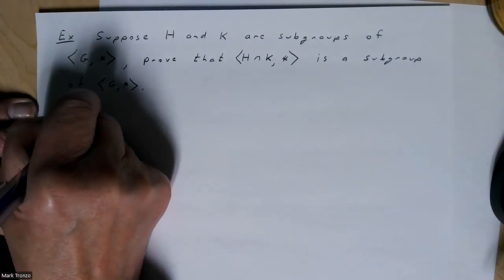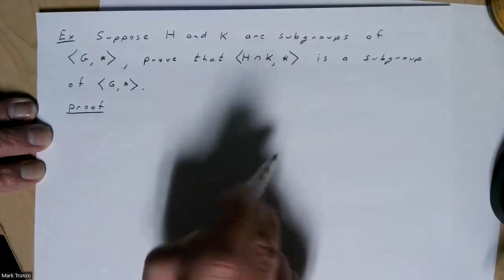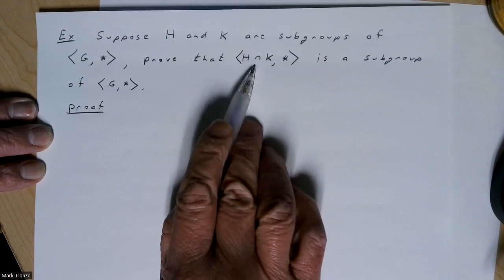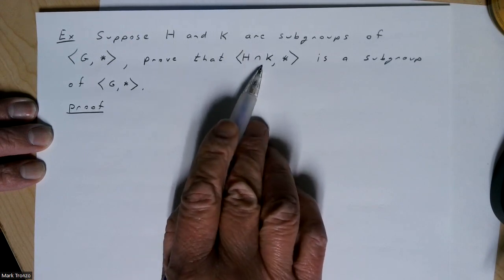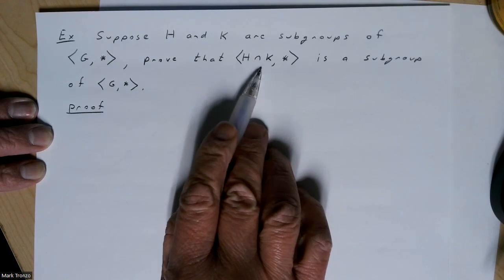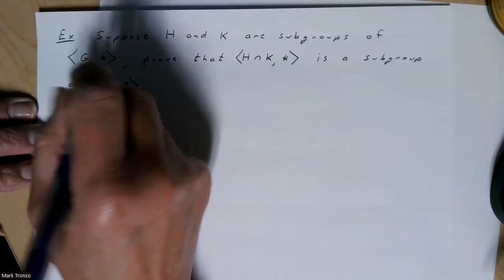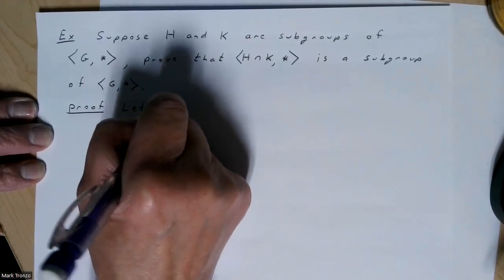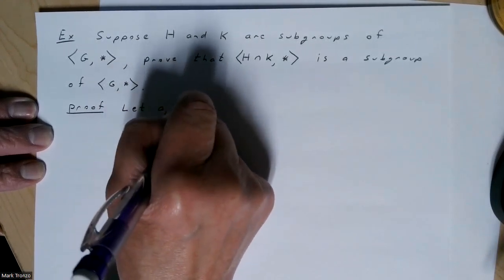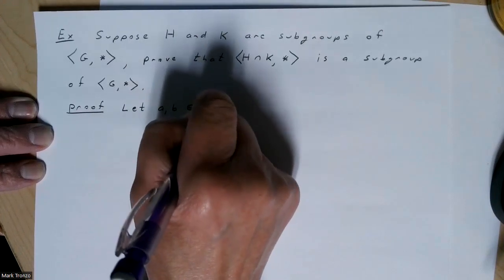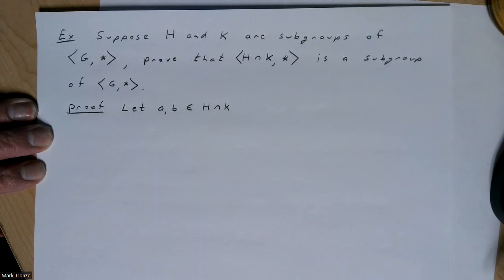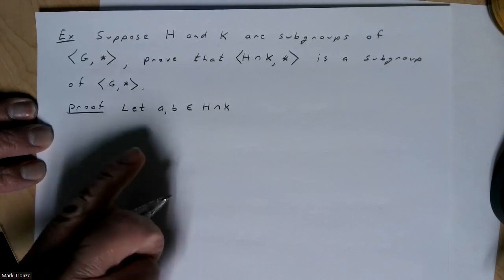So let's try to prove this. Remember, we have to pick two typical elements in here, say an A and B, and prove that A B inverse is in this set. So let's take a look at this. We'll start with this: let A and B be in H intersection K. And then what does this mean?